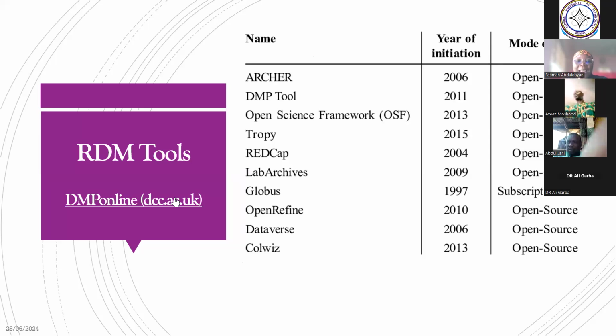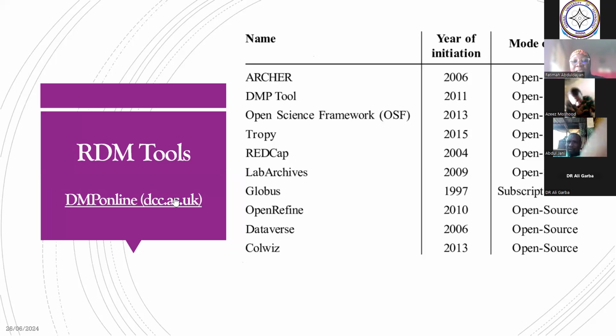The interesting thing is they pull together data management requirements from different funding agencies like Horizon 2020, the European Research Council, and all these big international funders. Remember I said they are now requesting that you manage your data carefully, because you have to tell them how you are going to manage that data when they give you millions of dollars to conduct research.